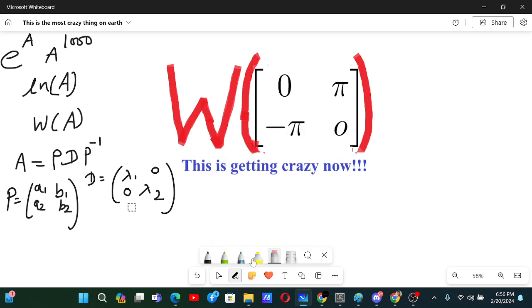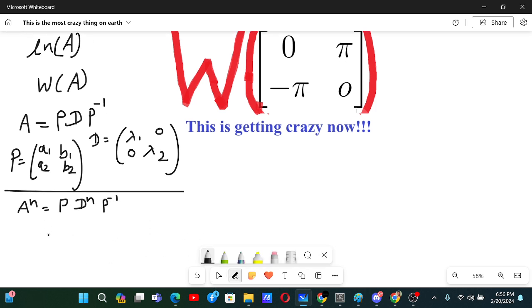then there are other formulas which I have already proved in my matrix algebra playlist. The formulas are something like this. If you want to take A to the power n, this will just be P times D to the power n P inverse, and this implies all the other formulas.